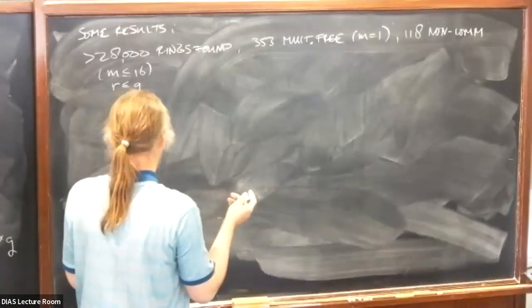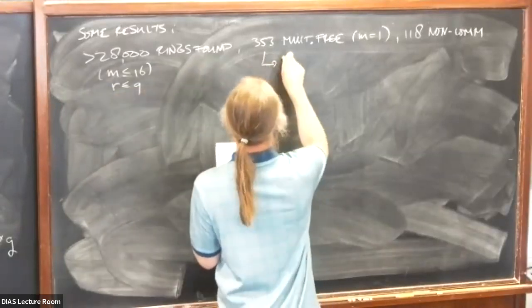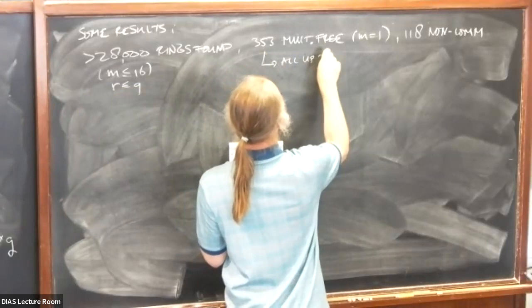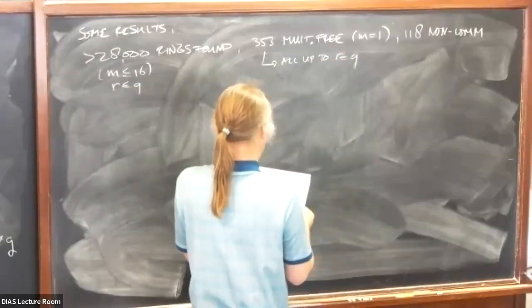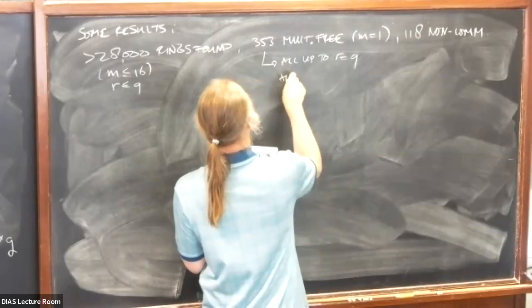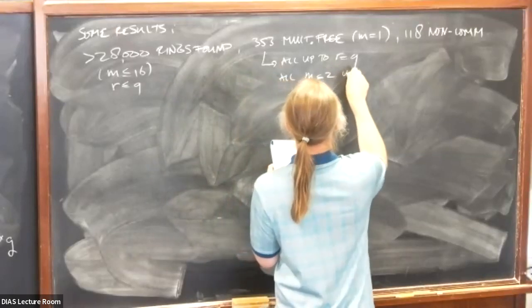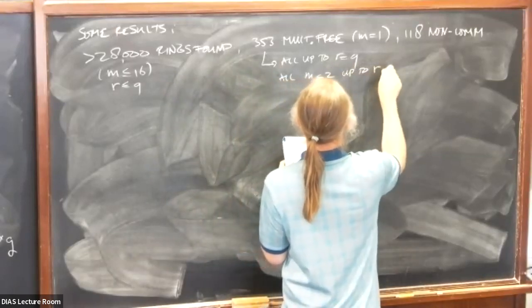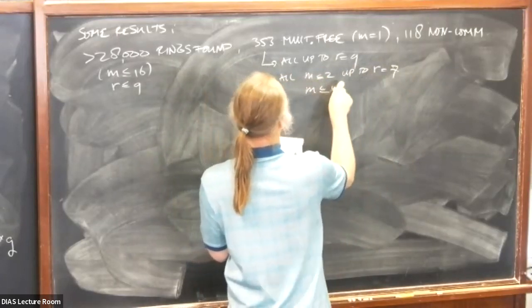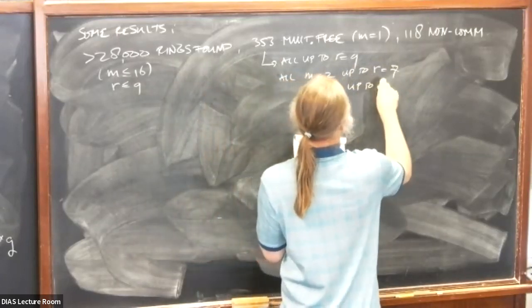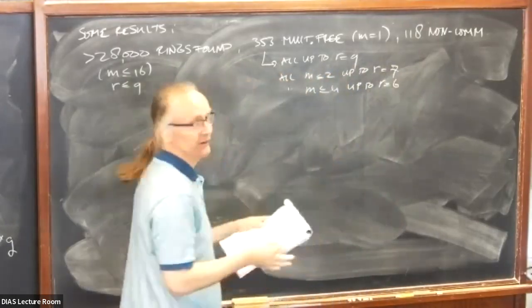Yeah, so we have all the multiplicity free ones up to rank 9. And all with multiplicity 2 up to rank 7, and multiplicity 4 up to rank 6, and then we go on.